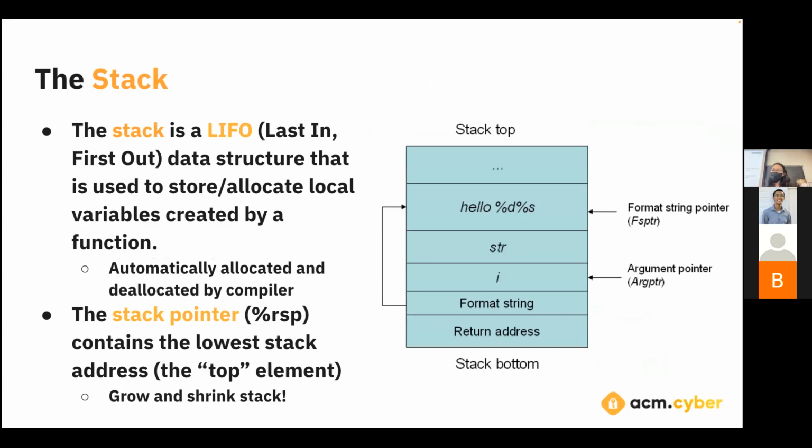Anything in the stack is automatically allocated and deallocated by the compiler, so you don't have to worry about deleting it or memory leaks. And there's a stack pointer, RSP, that points to the top element in the stack, and you can use that to grow and shrink the stack.